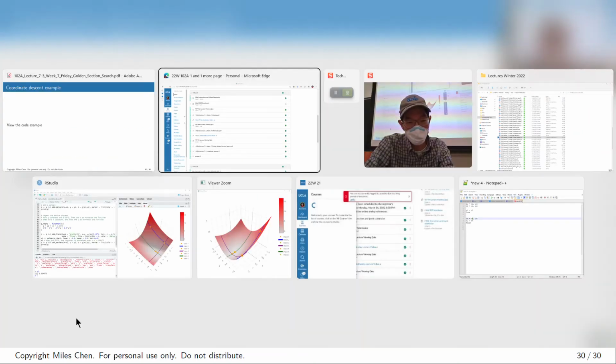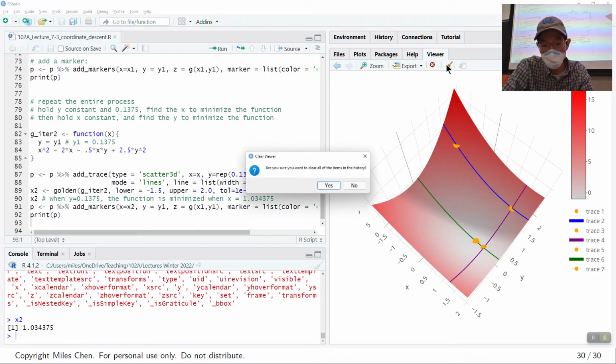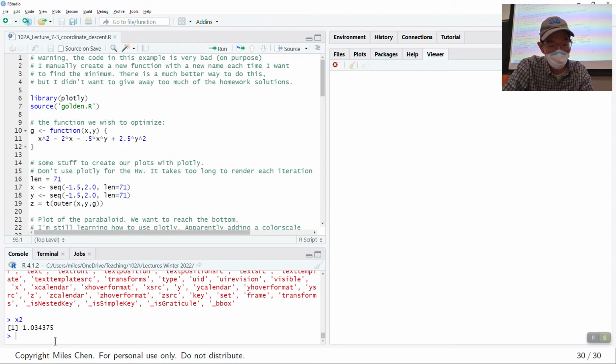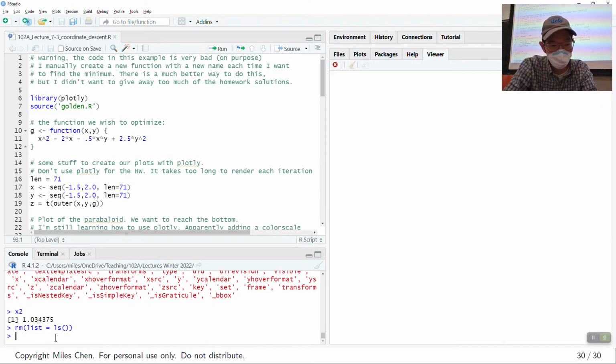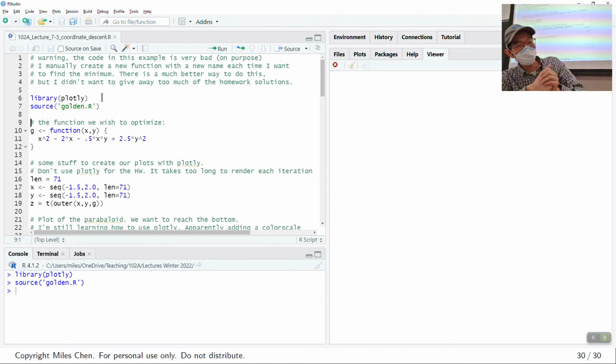And I have this code posted on Canvas, but let me wipe everything out and we'll do this. I'm using this library called Plotly, and I'm going to load up the golden section search function from that script golden.r.